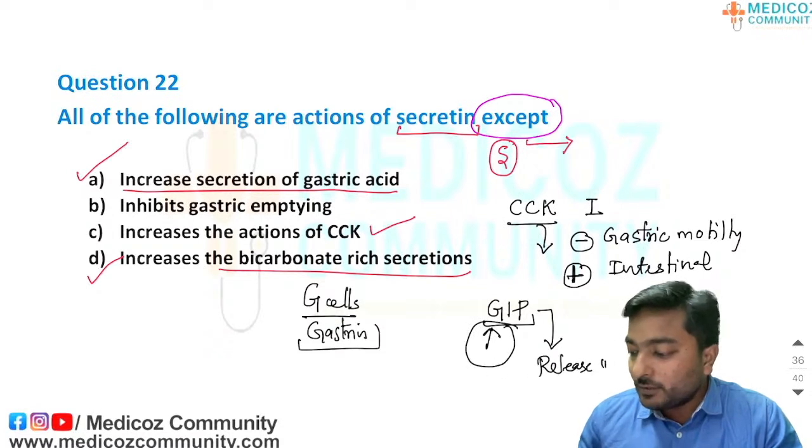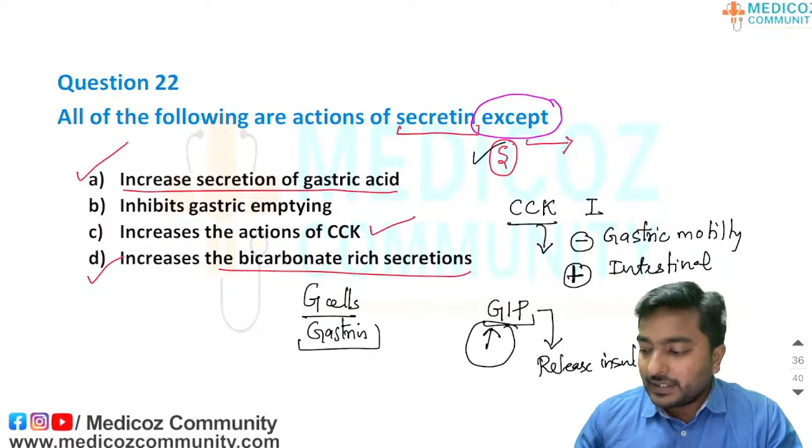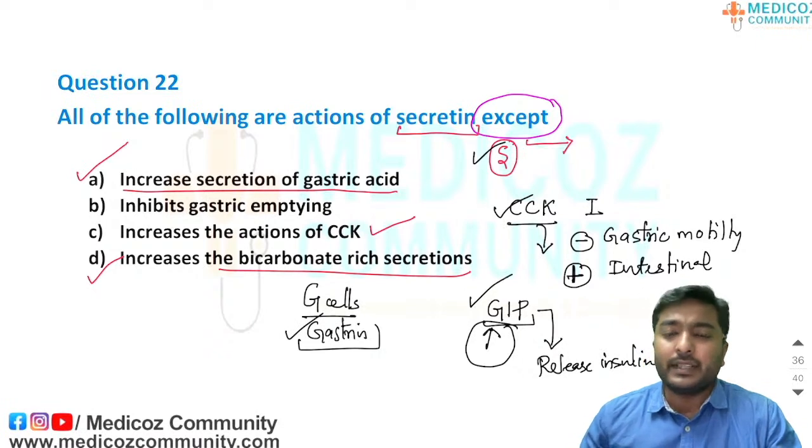MCQs can be asked from these: secretin, cholecystokinin, gastrin and GIP. Mostly we can expect MCQs from this.